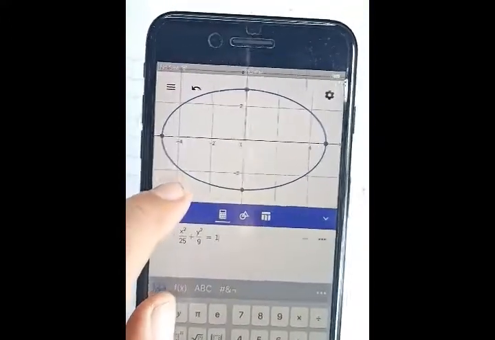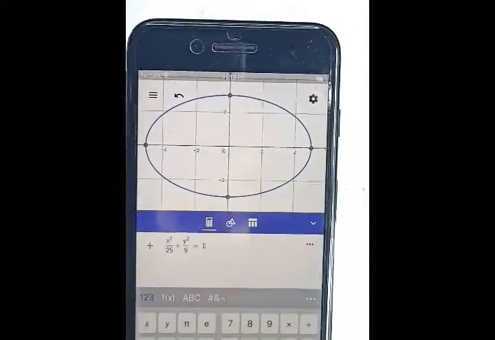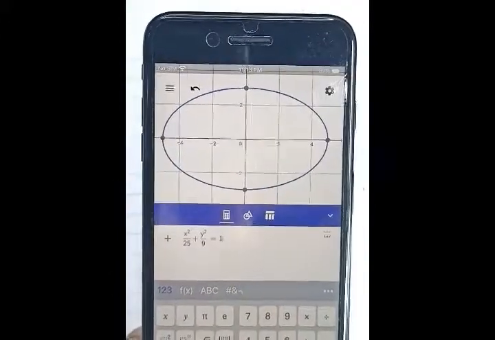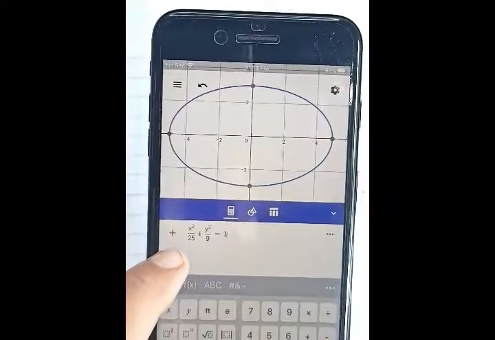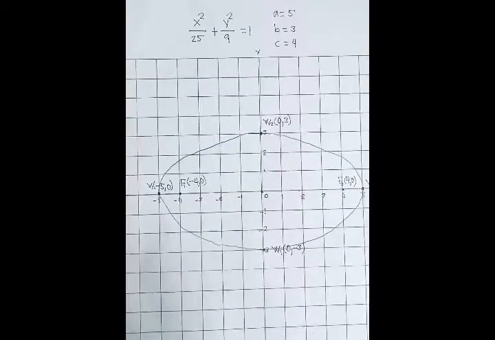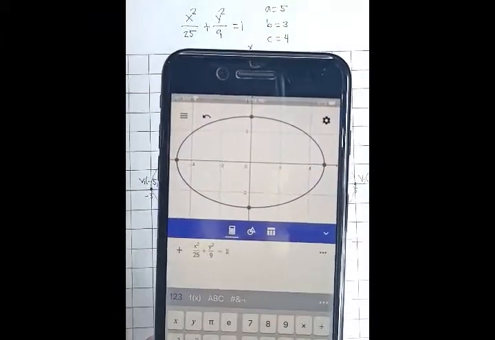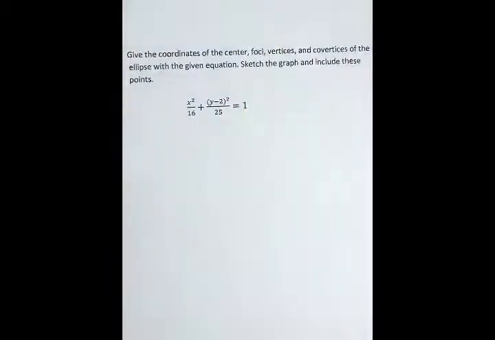Okay. So that is now our ellipse x squared over 25 plus y squared over 9 equals 1. So we can now check it. This is one way of checking by using this application.